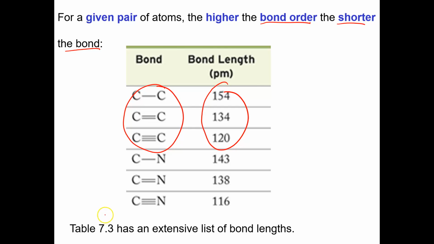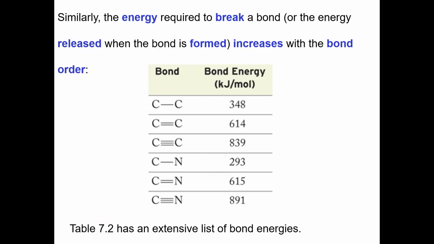You might want to answer some questions, look up bond energies and bond lengths, and you'll find that information in table 7.3 and I think also in table 7.2. So again, we'll see the same trend with the bond energy. As the bond order increases, going here from a single bond, double bond, triple bond, you can see that the bond energy goes up as well.